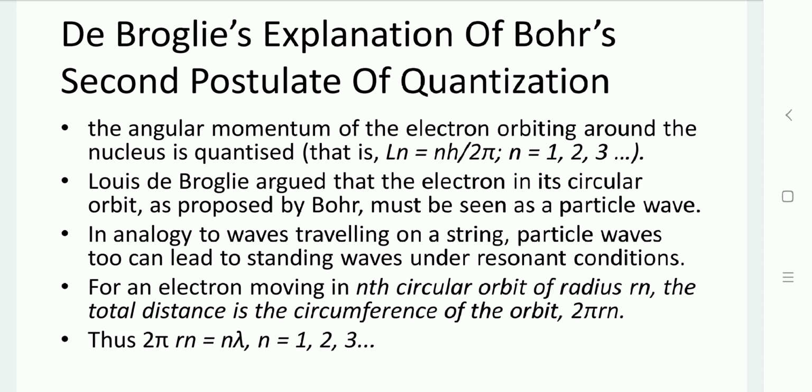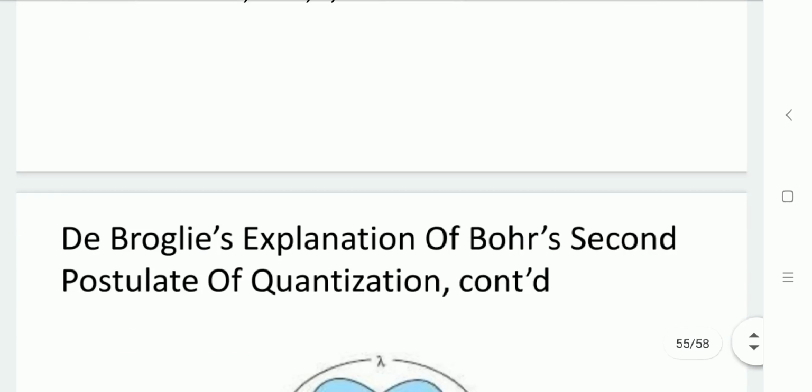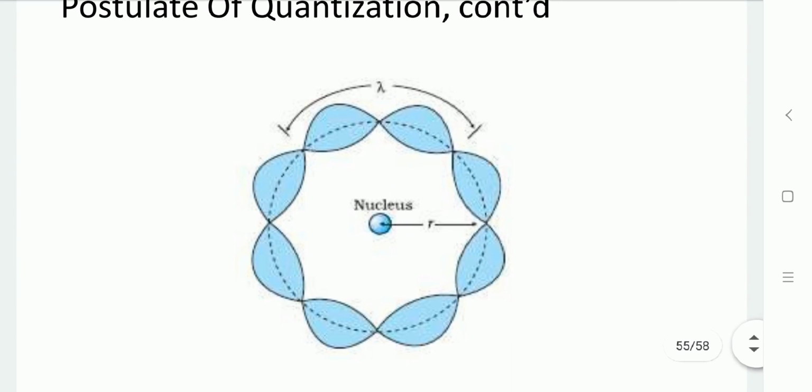While this resonant condition is defined, the two frequencies will match. Based on that, a standing wave pattern will be generated within that circumference, which defines the standing particle wave of the orbit.